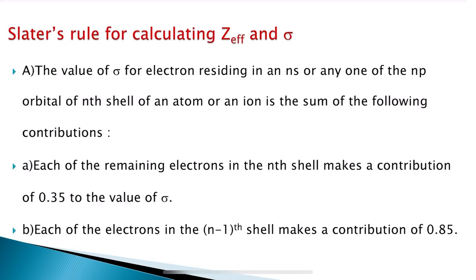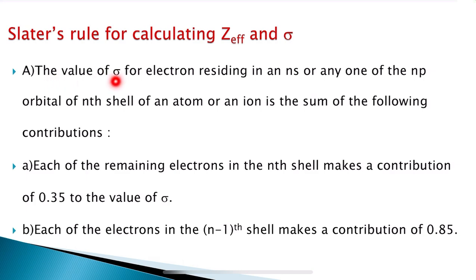So now let us understand the Slater's rule for calculating Z effective and sigma. Z effective is nothing but the actual or the effective nuclear charge, and sigma is the screening constant.